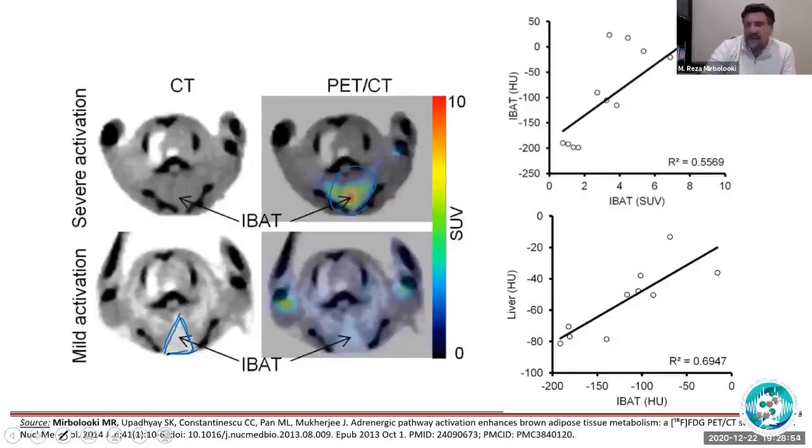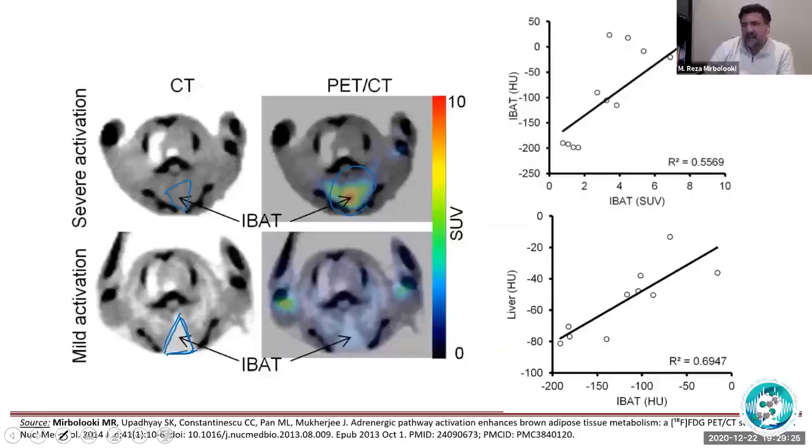So I saw that the Hounsfield units are much lower when the brown fat is not active or has mild activation, and it becomes darker, at the level of the tissue Hounsfield unit, when it gets activated, which is very interesting. We know that the Hounsfield unit of fat is around -150 to about -50.